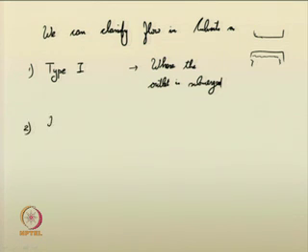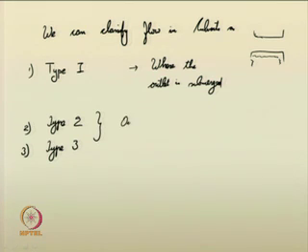You can have type 2 flow; you can give any Roman letter or Arabic numerals. You can have type 3 flows. In both type 2 and type 3, the outlets are not submerged, but they are different.